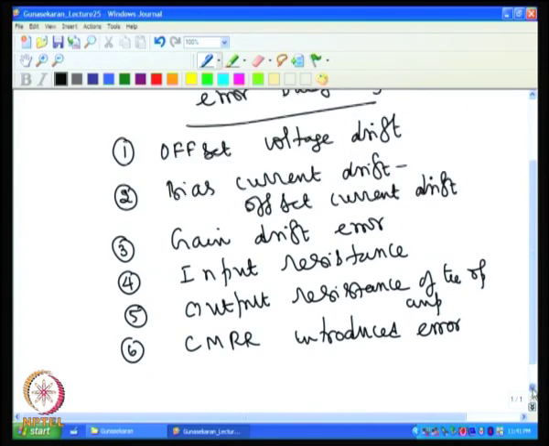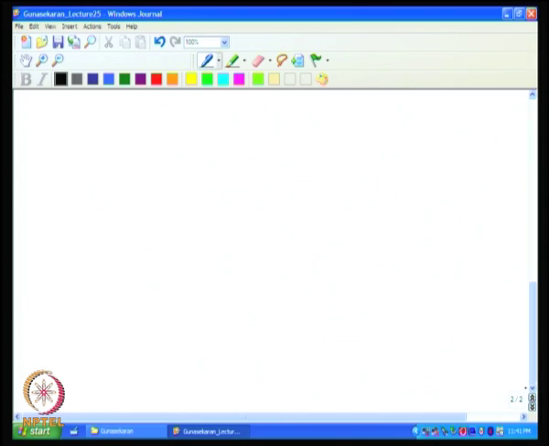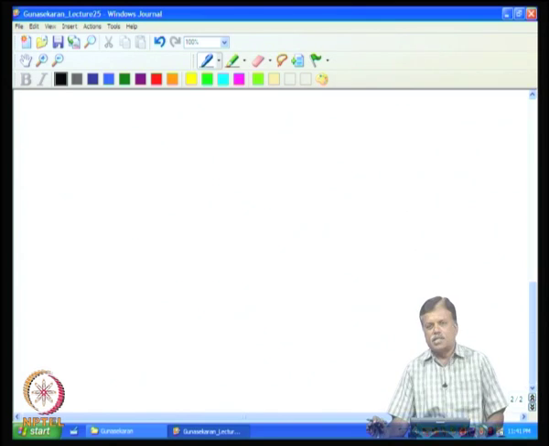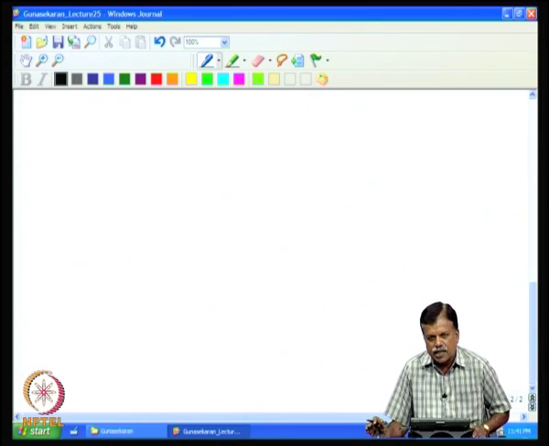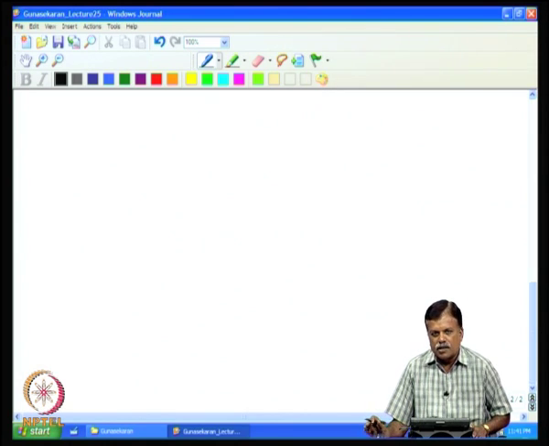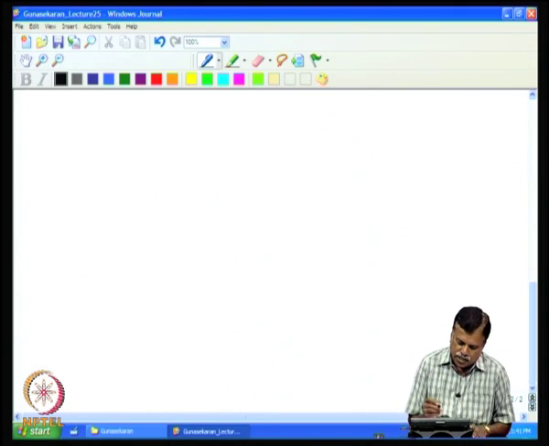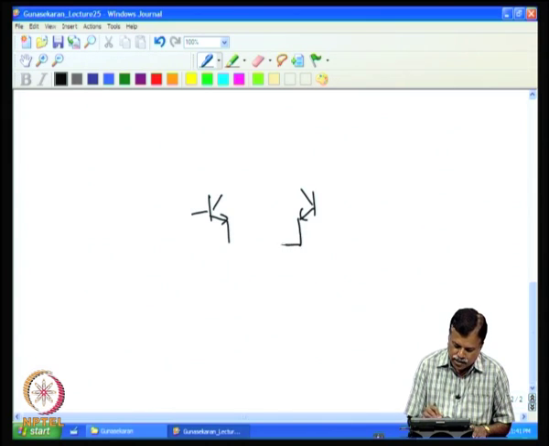Now, we will see offset voltage drift error, why it is coming, how to compute it, and how to introduce the errors related to offset voltage drift in the error budget. If you look at our original op amp circuit configuration, we see our 3 transistor op amp.